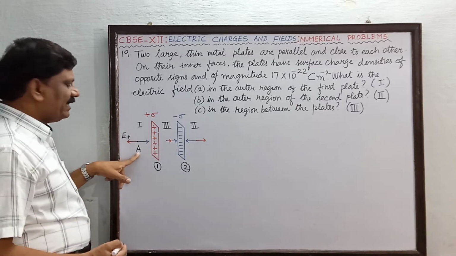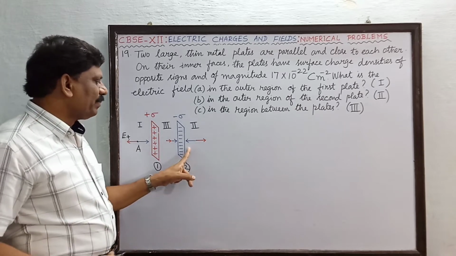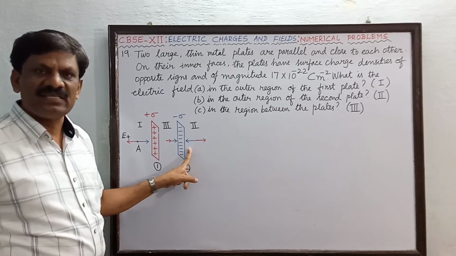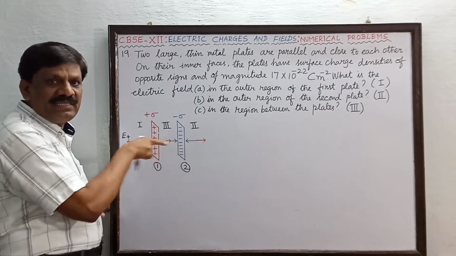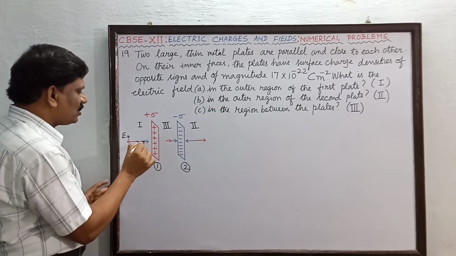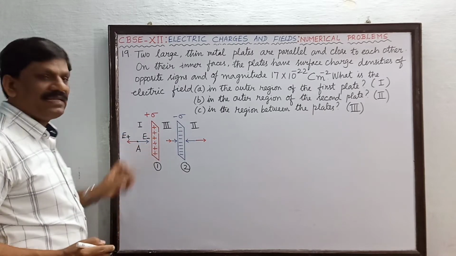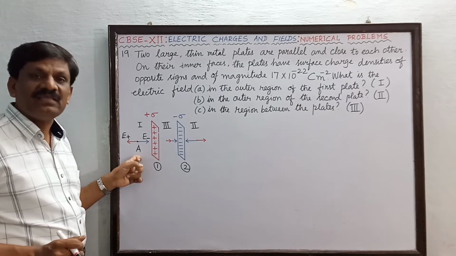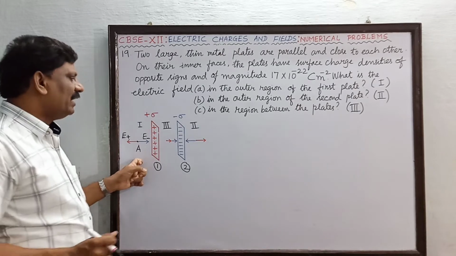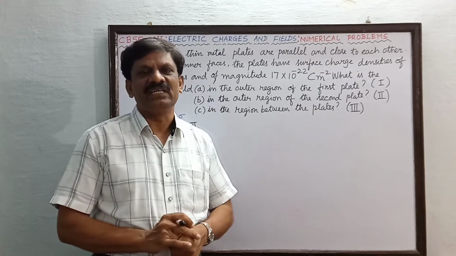At the same point A, there will be another electric field due to the negatively charged second plate, and its direction will always be towards the charged metal sheet. So this is E minus, the electric field at this point A due to the negatively charged metal sheet.